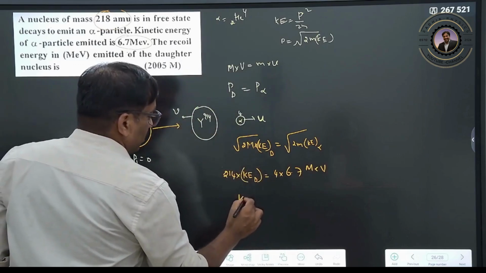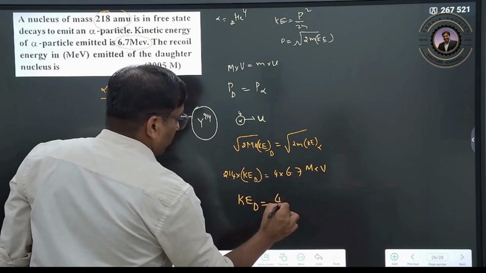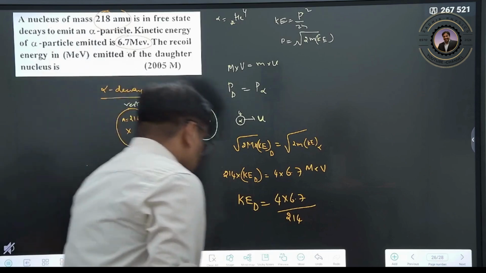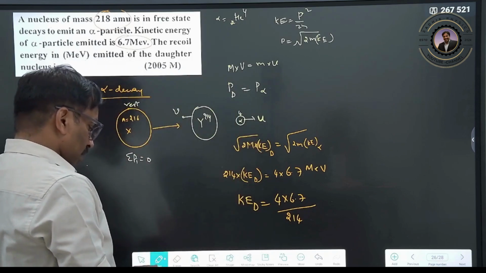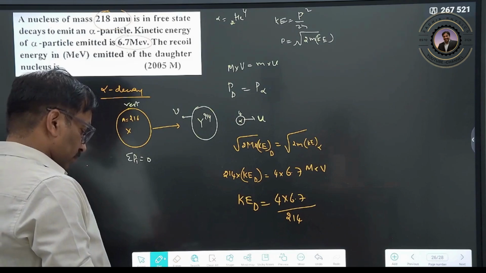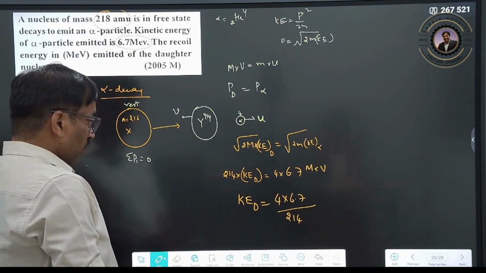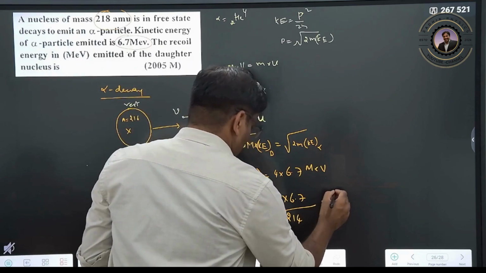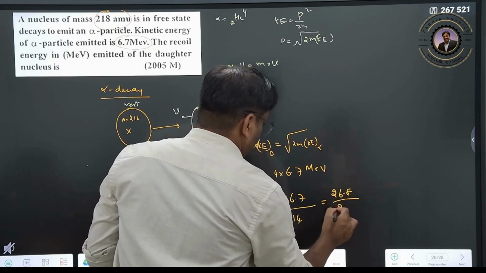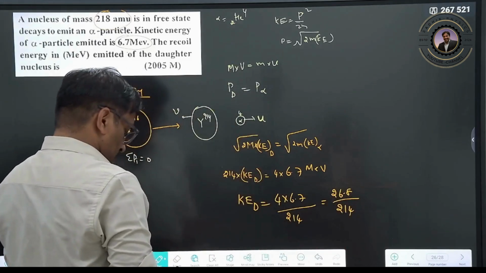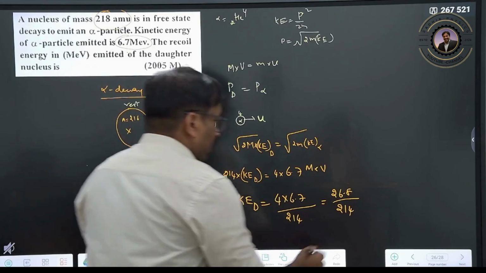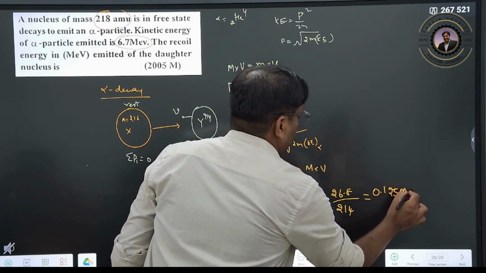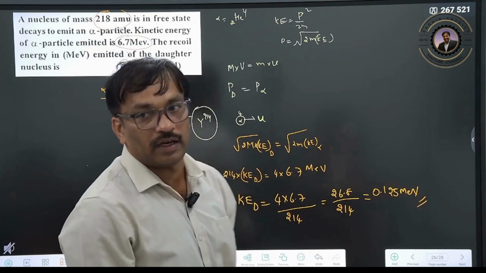So the kinetic energy of the daughter nucleus is 4 into 6.7 divided by 214, which is 26.8 by 214, giving 0.125 mega electron volt. This is your energy.